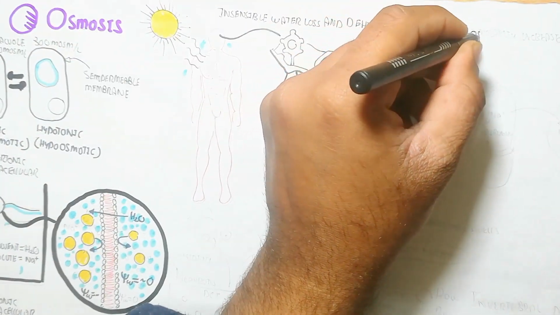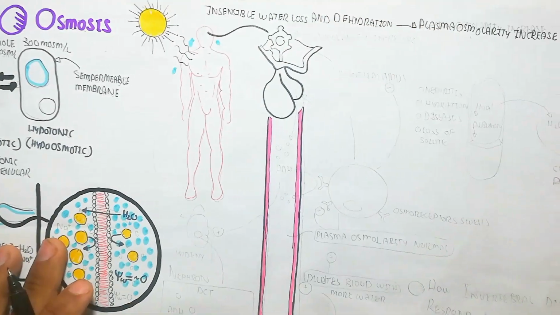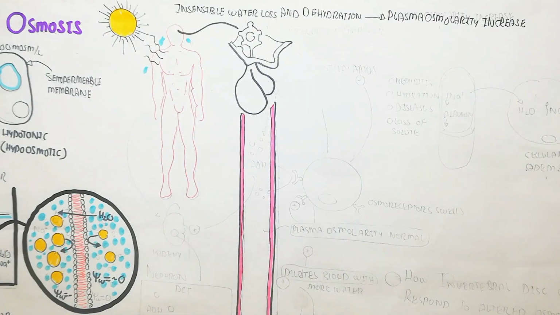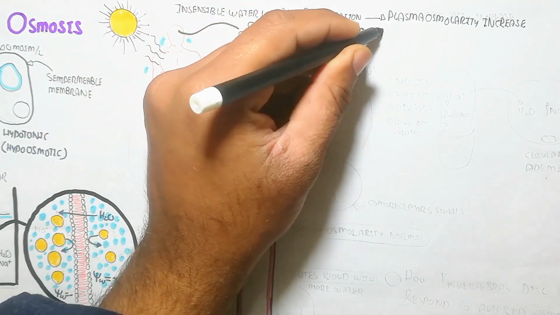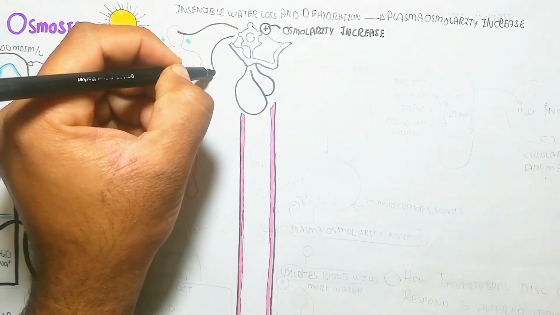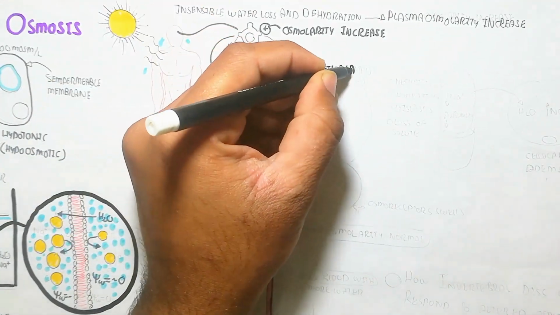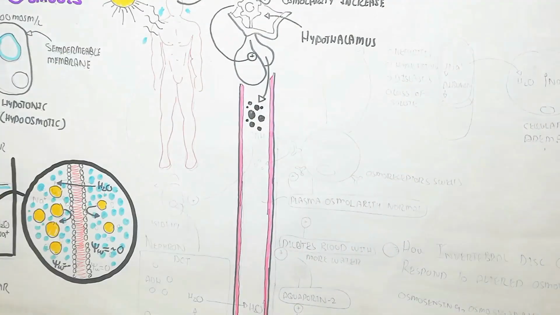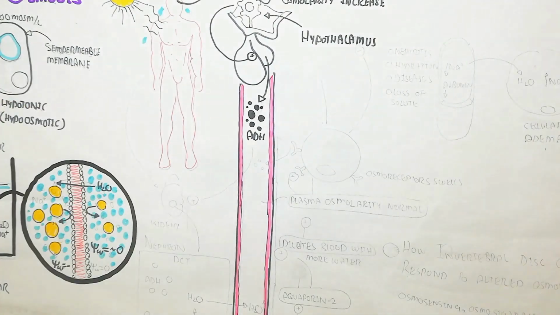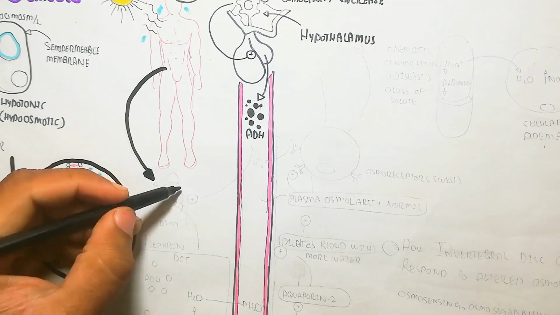Insensible water loss and dehydration, like sunlight exposure and hot weather, will lead to increased plasma osmolarity. The concentration of salt will increase in the blood, which triggers the hypothalamus to produce the antidiuretic hormone.